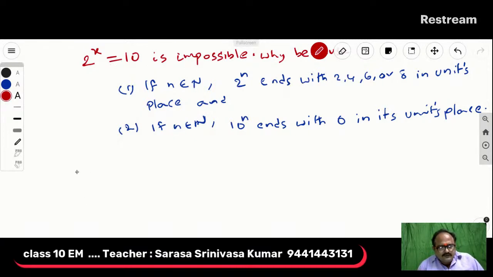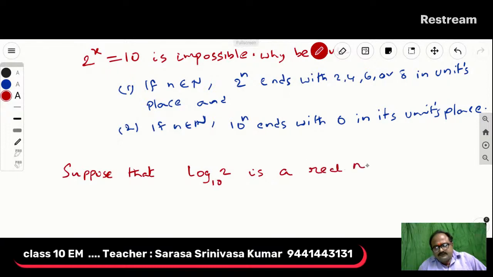Now suppose that log 2 base 10 is a real number.